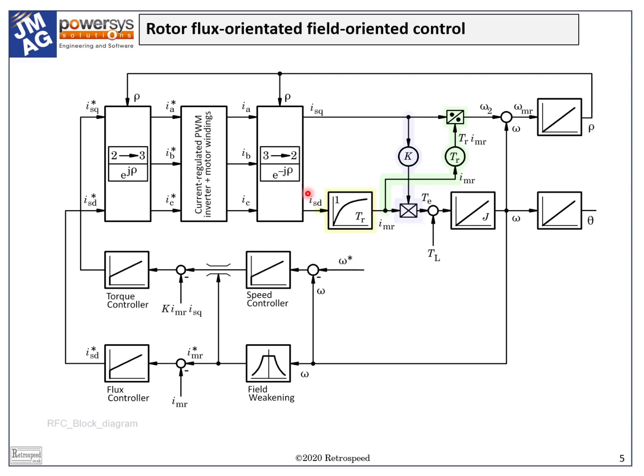This is known as a three-phase to two-axis transformation, and it's similar in concept to Park's transformation, which we will see later. In field-oriented control theory, ISD and ISQ are the real and imaginary components of a complex number which is called a space vector, and in the steady state they are constant.